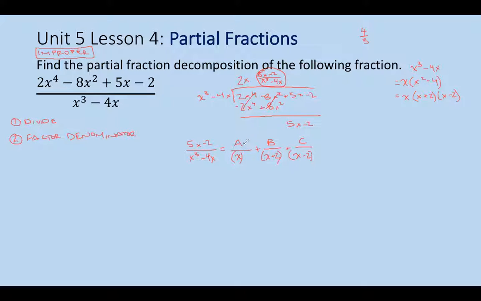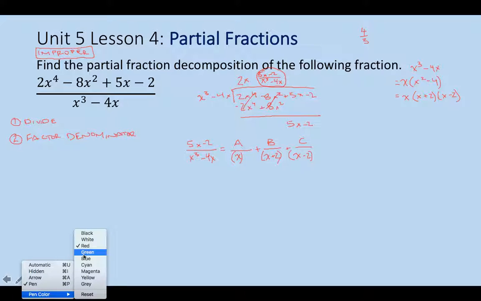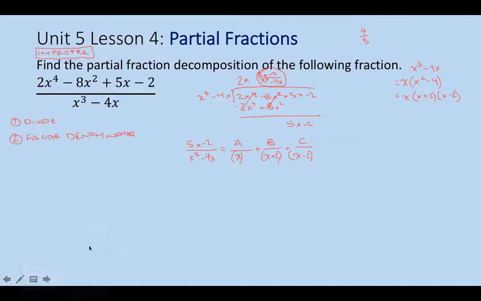Now my mission is to solve for A, B, and C. Of course, that doesn't look too great. Now we get into a lot of the algebra stuff. So step 3, we are going to multiply by the denominator.